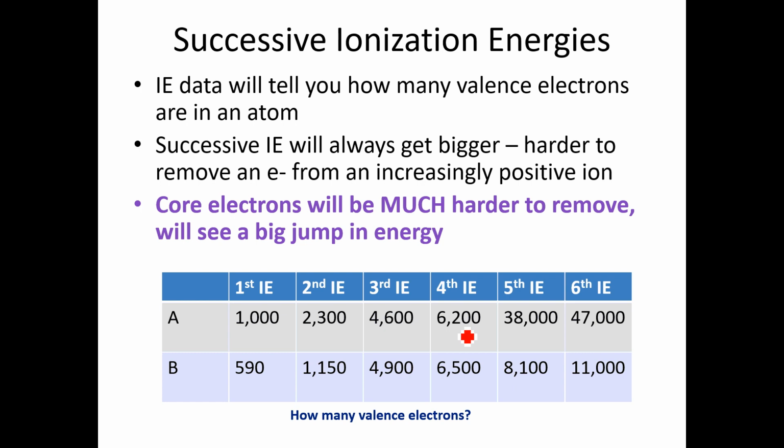But as you go up here between the fourth and the fifth, wow, the fifth electron is so much harder to remove than the fourth. So there's a big change in how difficult it is to remove the fifth electron versus the fourth electron. That tells us that these 4 electrons must be further out. They must be on your valence shell. So that tells us that A has 4 valence electrons.